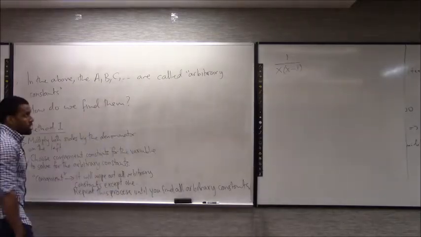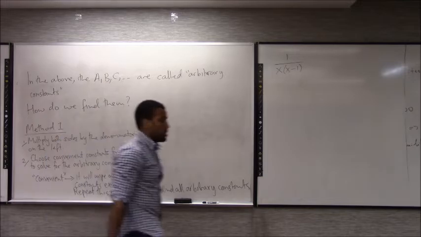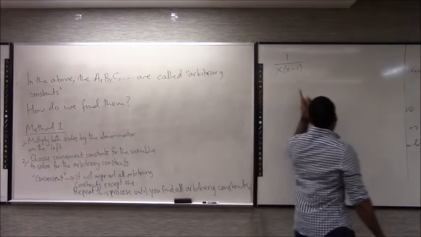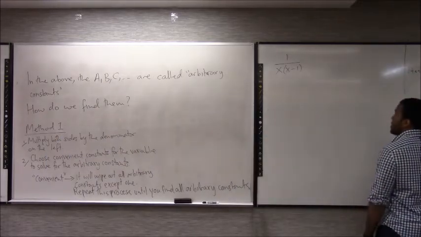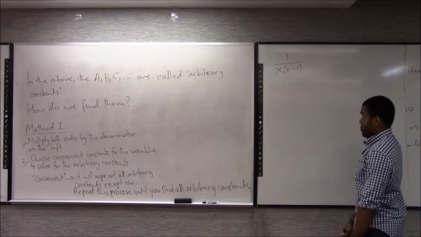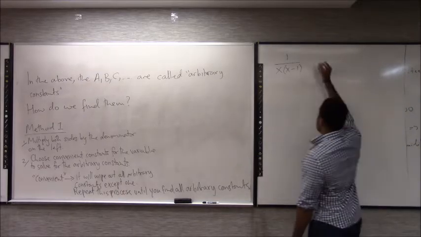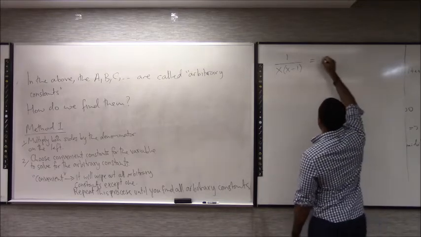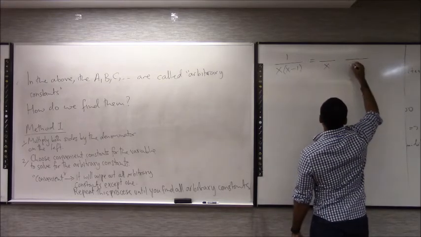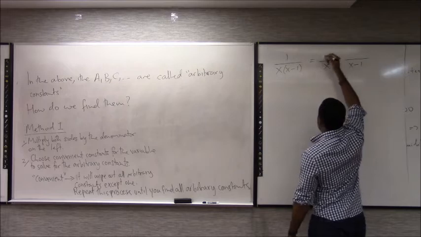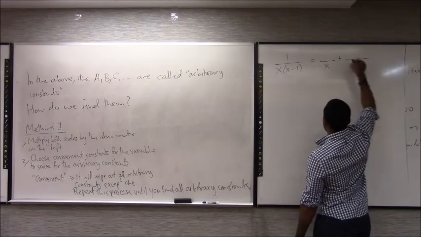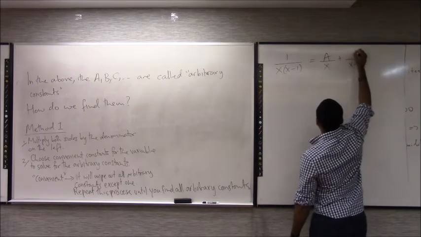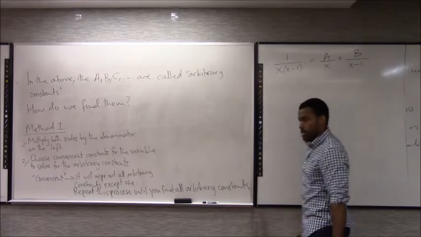I want to break this into partial fractions, the sum of two fractions that will add up to this one, and they themselves are fully reduced. So by going through the first three steps, I would break this up into something over x and something over x minus 1. These are both first degree polynomials, so there should be 0 degree polynomials on top. So that would be the first step.